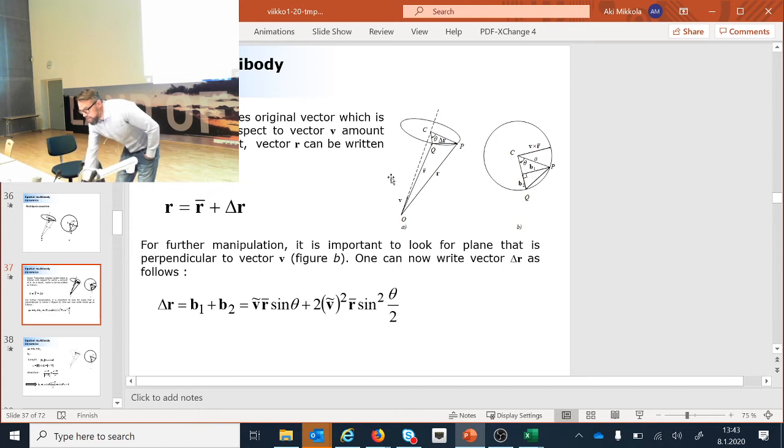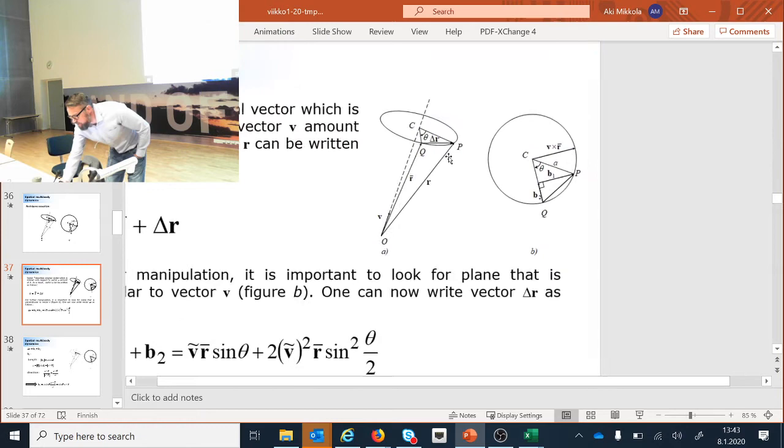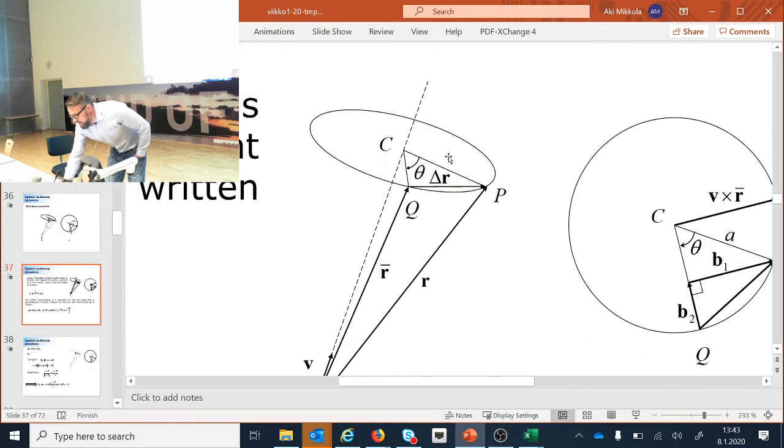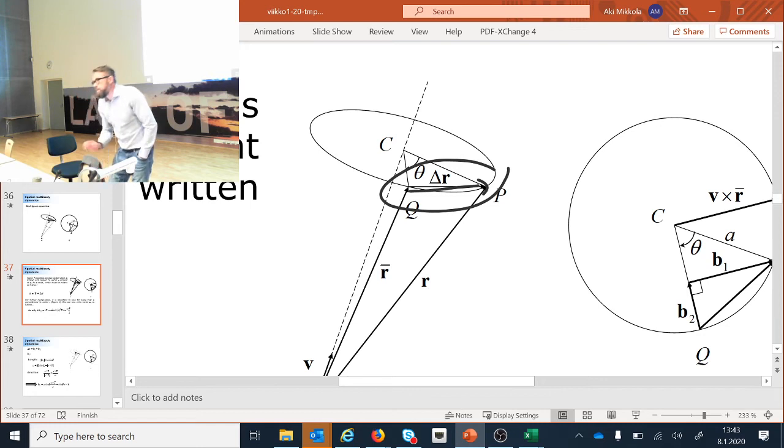Well, what combines them together is a vector delta R. With delta R, you can get the original configuration by having the final configuration plus delta R. Now my challenge here is to express this delta R. It's not very visible, but let's try to make this bigger. This delta R is this component, this component. That's what I'm trying to express mathematically.